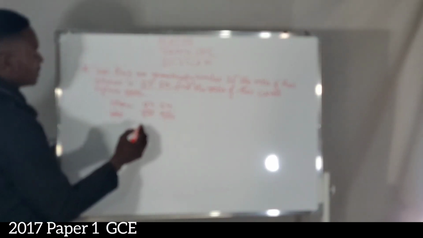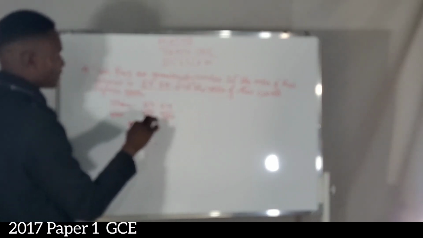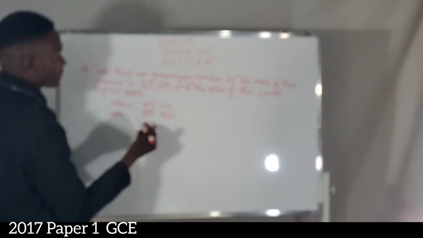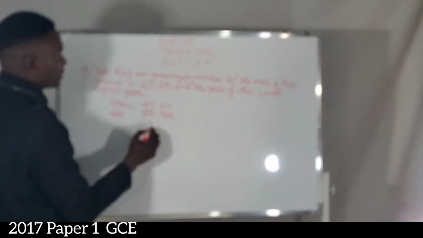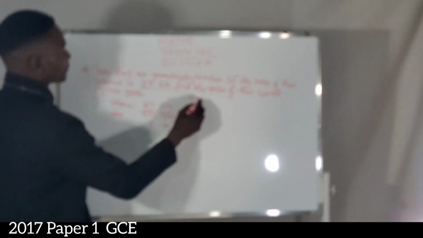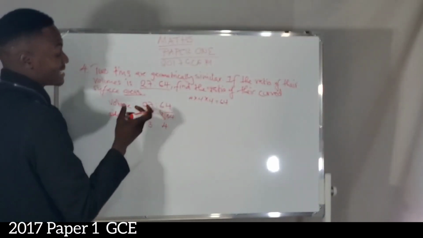Cube root means the number which, when you multiply it by itself 3 times, gives you that number. Which number multiplied by itself 3 times gives 27? It is 3, because 3 times 3 times 3 is 27. For 64 it is 4, because 4 times 4 times 4 is 64. So this is the ratio of their sides.